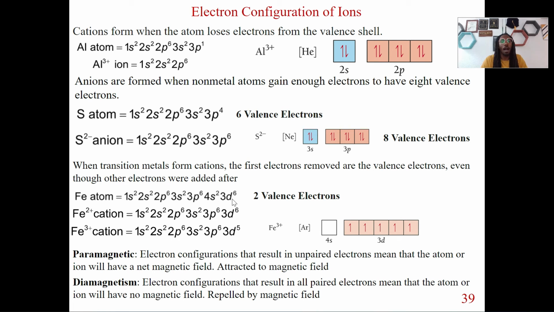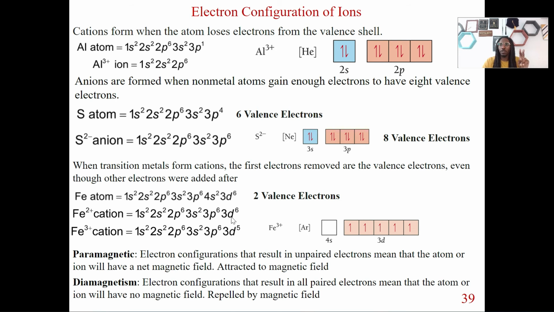For iron, we talked about how transition metals can have multiple oxidation states. Two of those are +2 and +3. So when we look at this cation, if it's +2, that means iron loses 2 electrons.